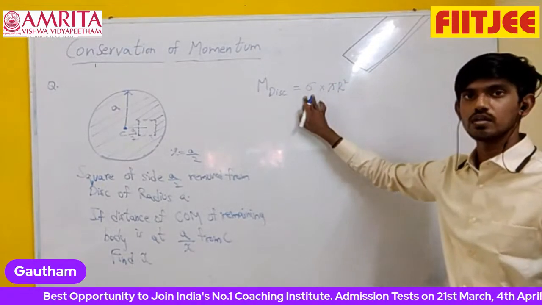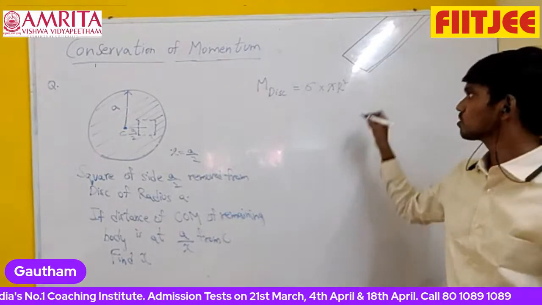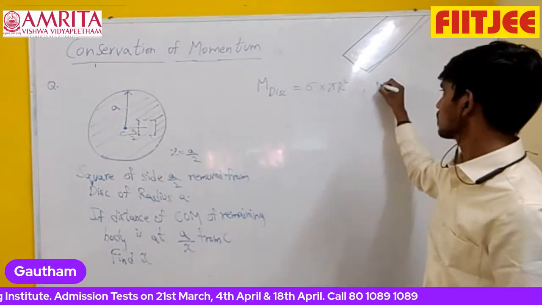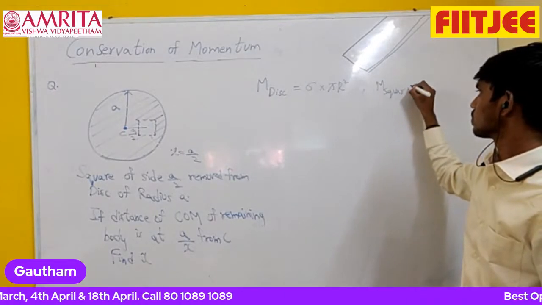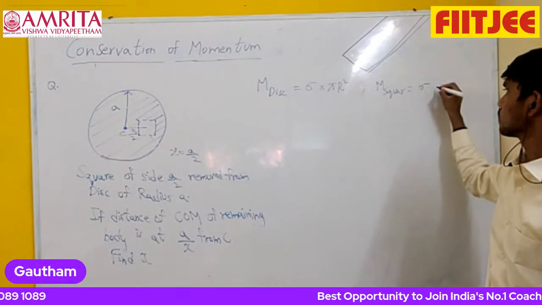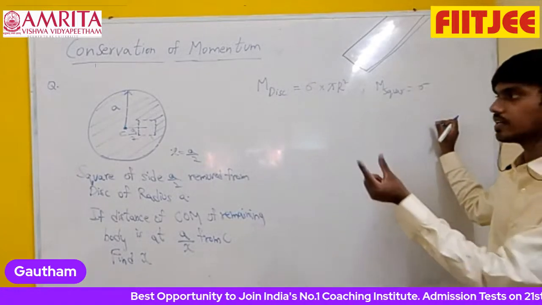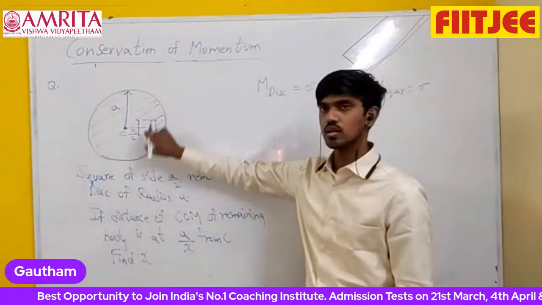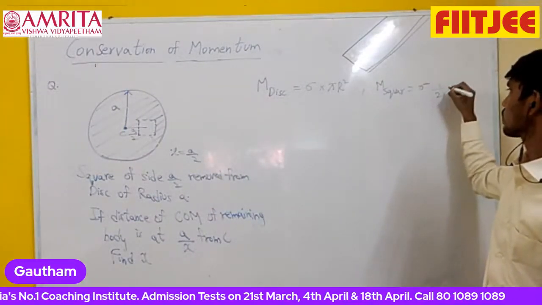Mass per unit area into the area will give you mass of this first body. Similarly, mass of the square hole we are cutting out is equal to sigma into area of the square. Area of the square is side square, L into L. So length is given as a by 2. So this will be a by 2 the whole square.